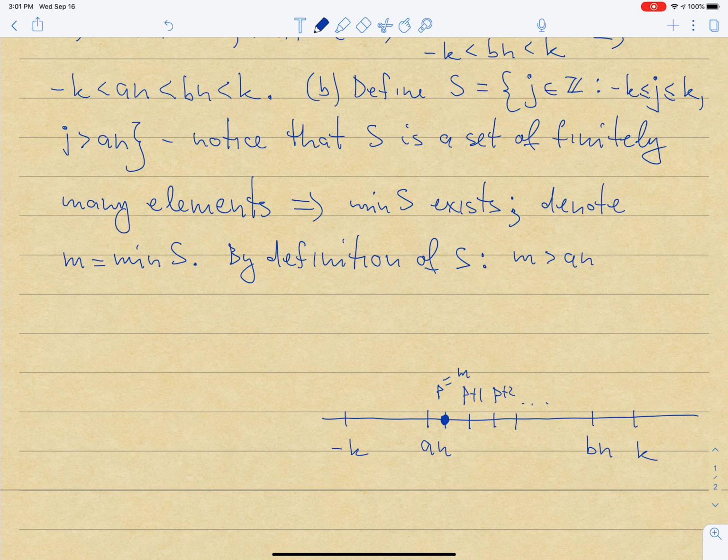I need that M is bigger than an, and M is less than bn, right? Those are the two things that I have to establish.